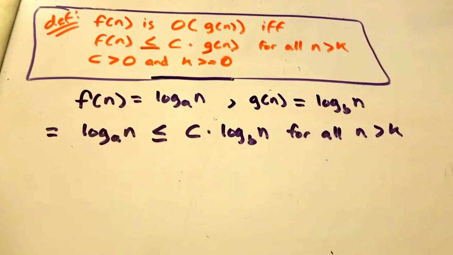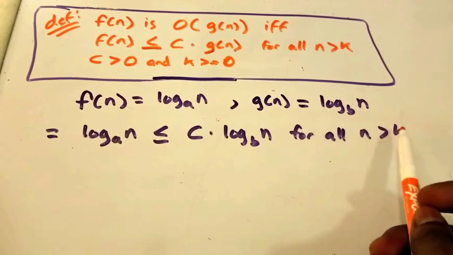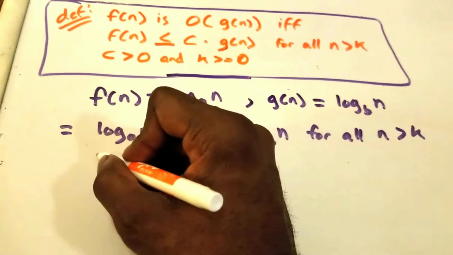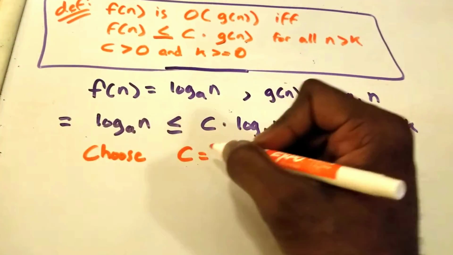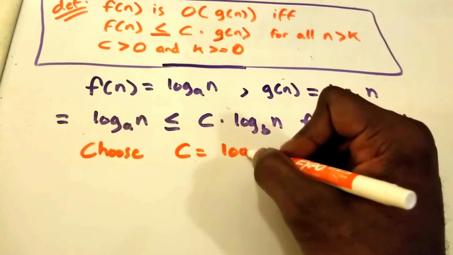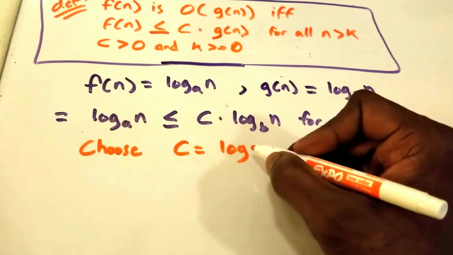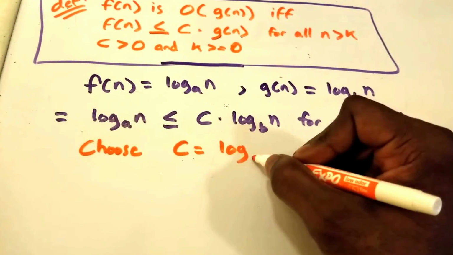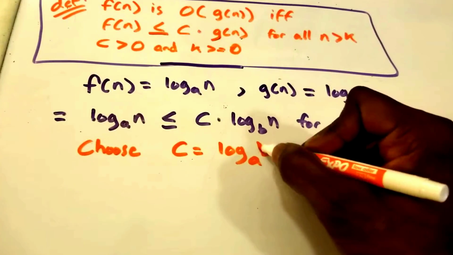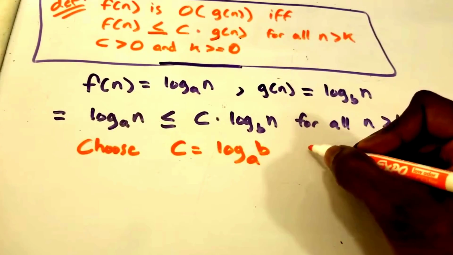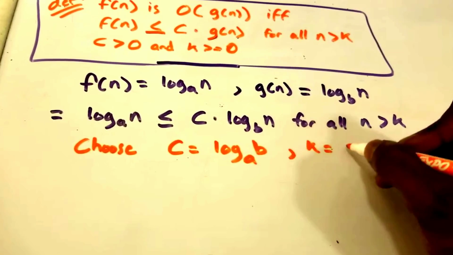So what's our c and what's our k? Well, we can choose values for them that would make this statement true. So I'm going to choose c to equal log base a of b. And I'm going to choose our k value to be equal to 0.